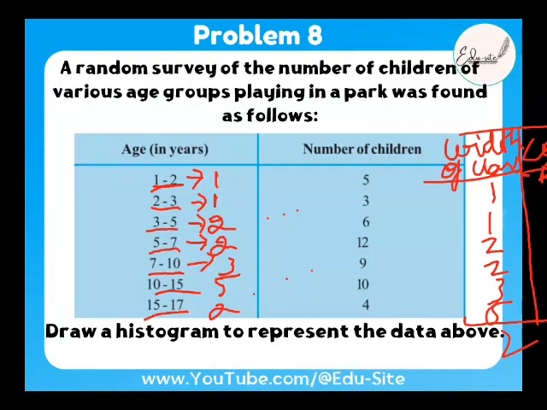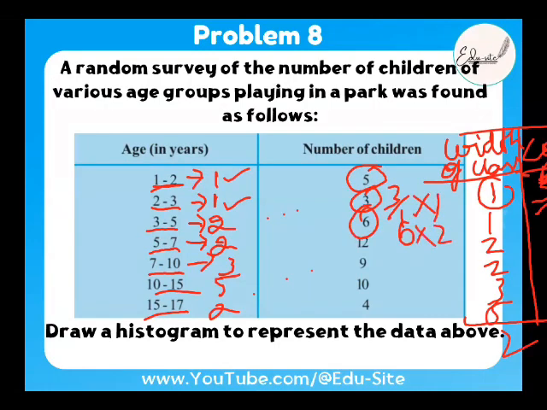Then how will you solve this, Laiba? 5 divided by, yes, 5 divided by 1 multiplied by, which is the smallest here? 1 multiplied by 1. So 5 divided by 1 multiplied by 1. Next 3 divided by 1 multiplied by 1. Next 6 divided by 2.